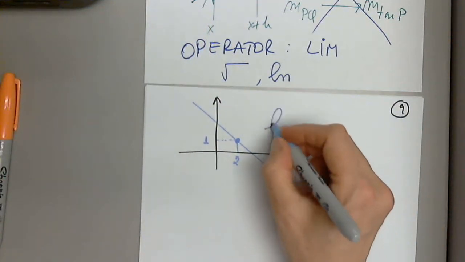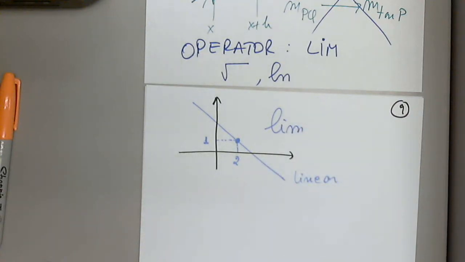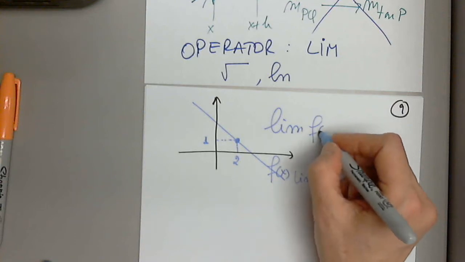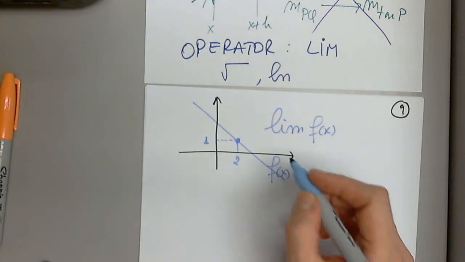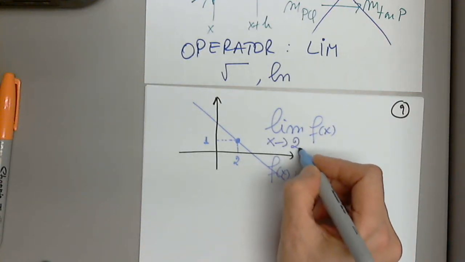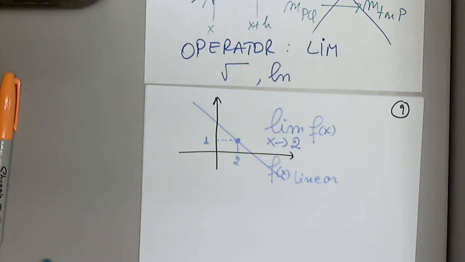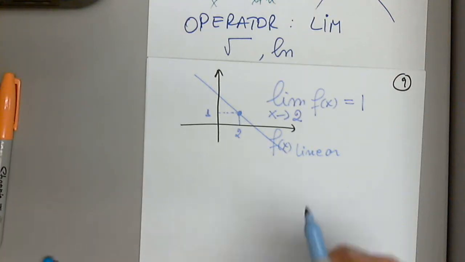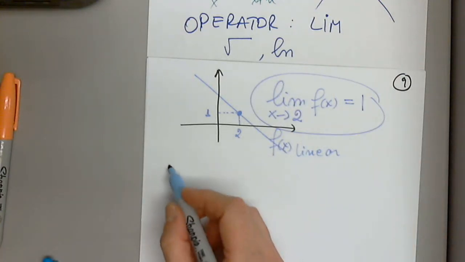We write it as LIM. I'm going to call the function f of x. Limit of f of x as x approaches 2 from either side. I'm going to put this in writing also. Equals, again, how much? 1. So this is how we read this.